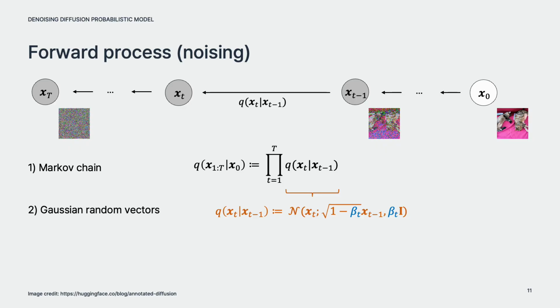And as you can see, if beta t is 1, q becomes a pure standard Gaussian, whereas if beta t is 0, q simply becomes xt minus 1 without any variance. Therefore, this beta t controls the randomness, the noise level of this Gaussian distribution.